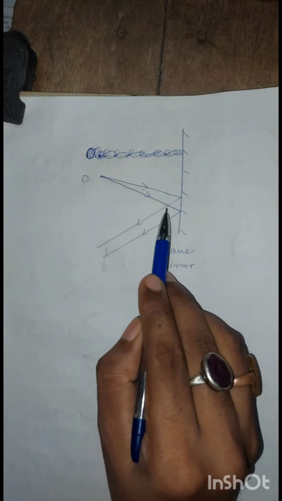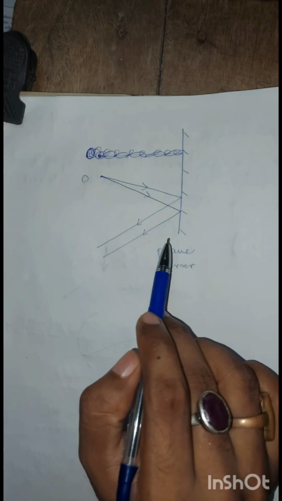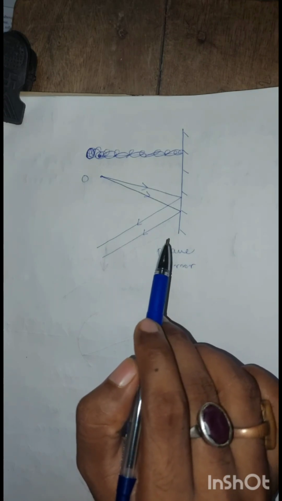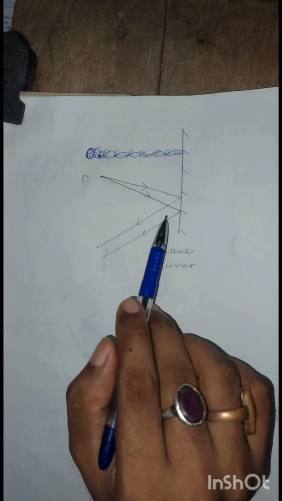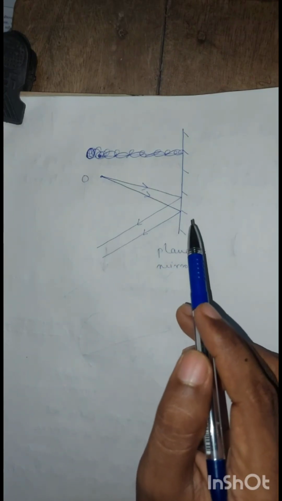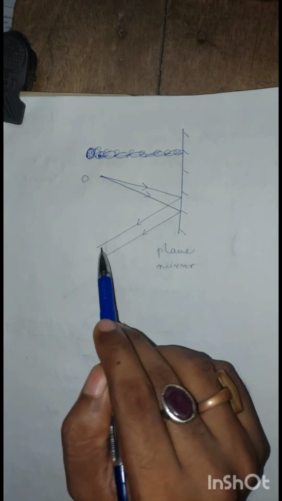I am drawing this diagram on a page. That is why I cannot show you 3D. You have to imagine it. These two rays are not intersected.